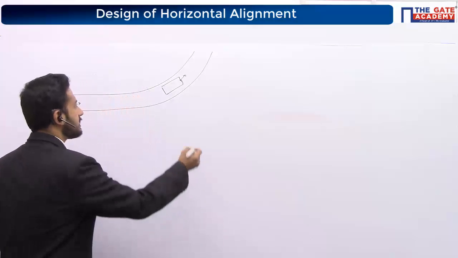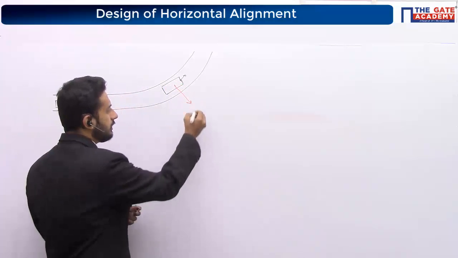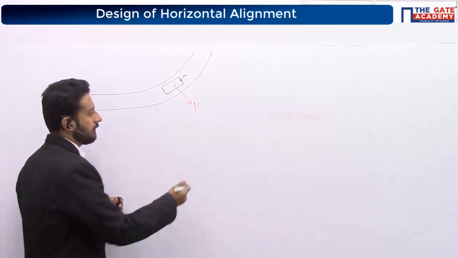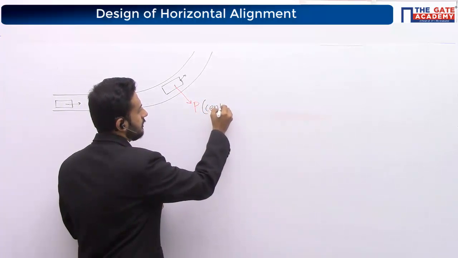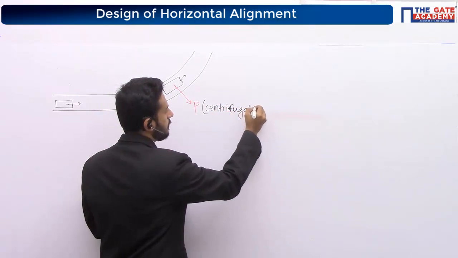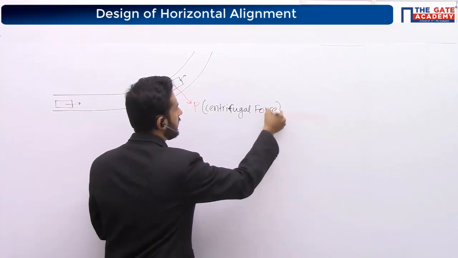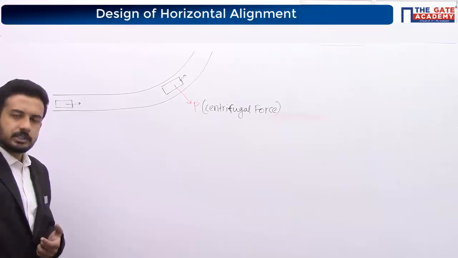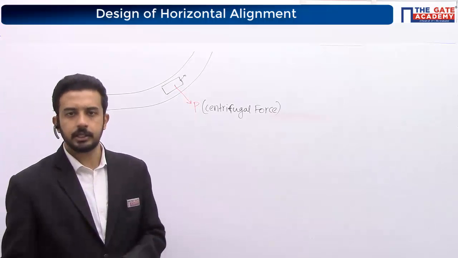What is that? Definitely it will be your centrifugal force. Everyone knows that, na? In lower classes we already studied. This force is called centrifugal force. I am just denoting it as P, capital P. So only on the curves it will happen. On the straight road it is not there.